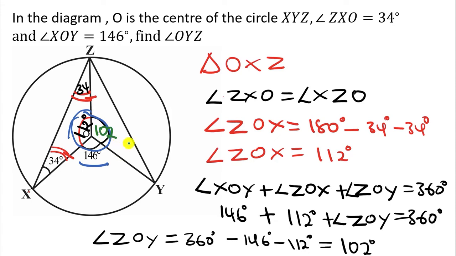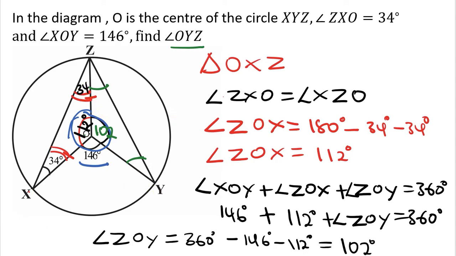All right. Now, what is the question asking us to find? The question wants us to find angle OYZ. If you are to consider triangle OYZ, that triangle is also an isosceles triangle, because the distance from the center to Y is the same as from O to Z. If that is the case, then whatever angle that you are having here is the same as the angle that we want to find, that is OYZ.